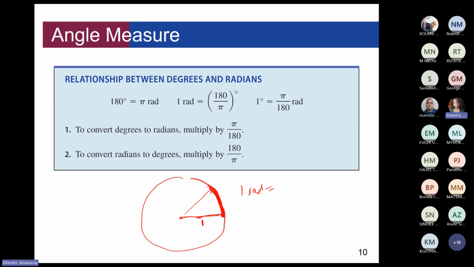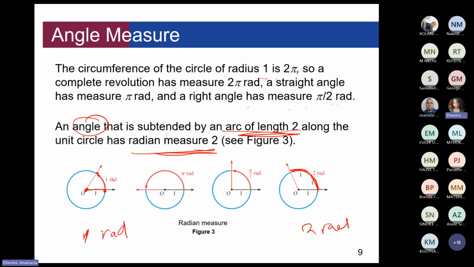If you say 180 over pi, what do you get, guys? 57.29. 57.29 degrees, isn't it? Yes. So it makes sense that this point can be 57.29 because it's before 90. Do you see that?